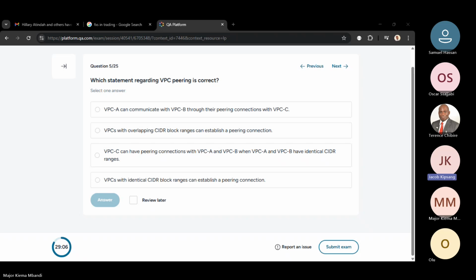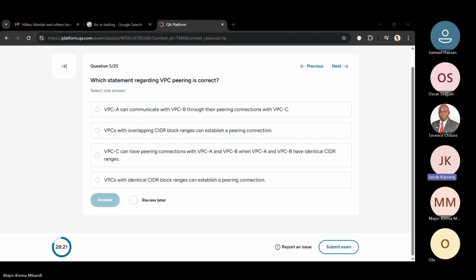Which statement regarding VPC peering is correct? VPC A can communicate with VPC B through their peering connection with VPC C. Or, VPCs with overlapping CIDR ranges can establish peering. Or, VPC C can have peering connections with VPC A and VPC B, and when VPC A and VPC B have identical CIDR ranges, VPCs with identical CIDR range blocks can establish a peering connection.